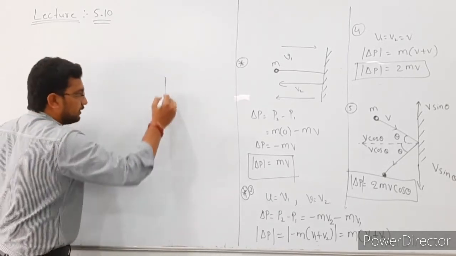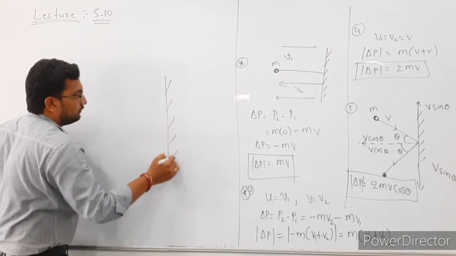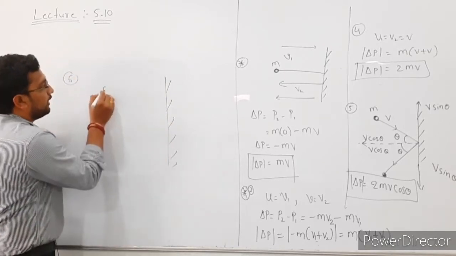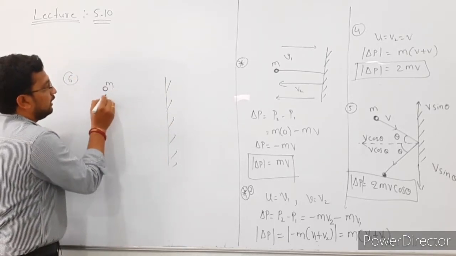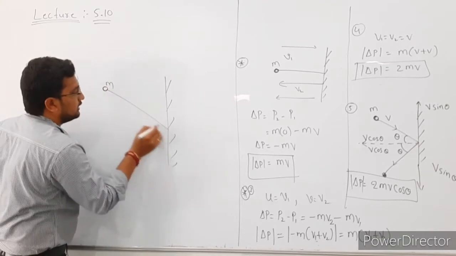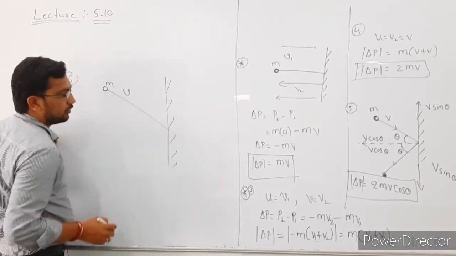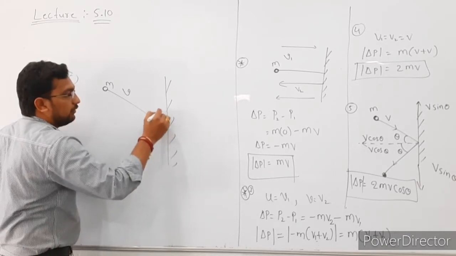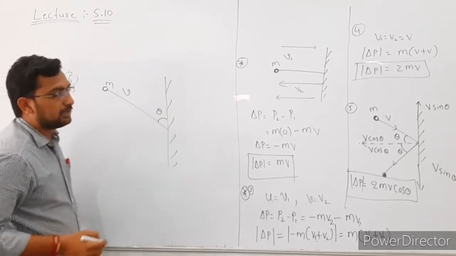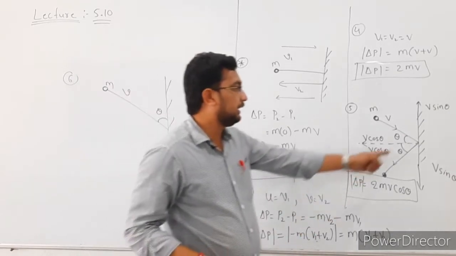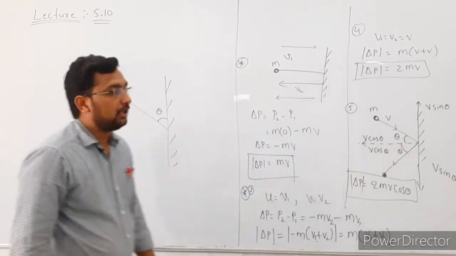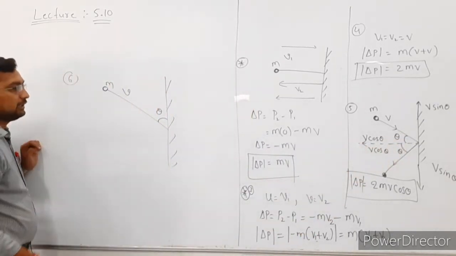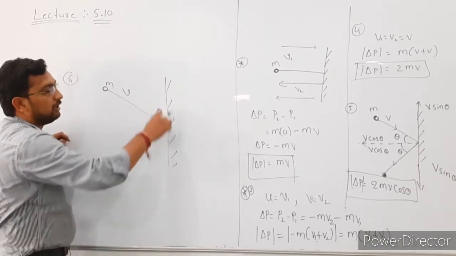In this case, consider this is a wall. A body of mass m is moving with the velocity v, it collides with the wall, and it makes an angle theta with respect to the wall. In the previous case it made an angle theta with respect to the normal, but in this case it makes an angle theta with respect to the wall.